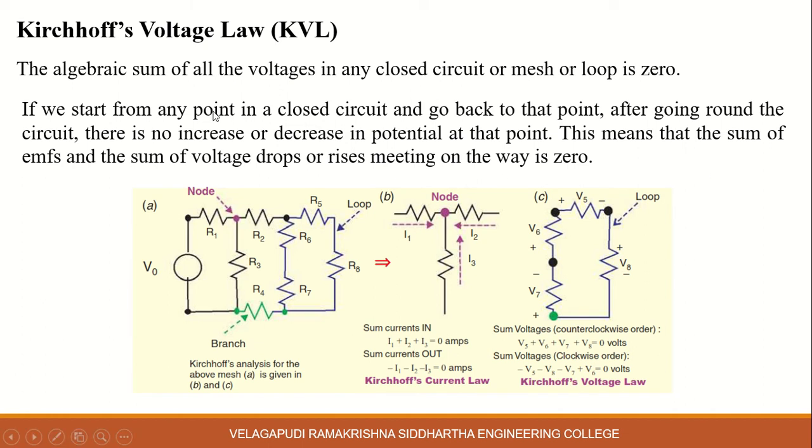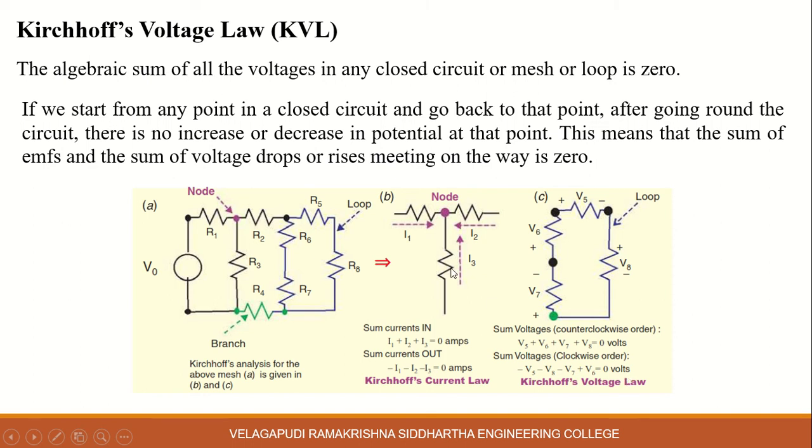Starting from one point in a closed circuit. If you observe figure A, the node is represented, and the loop and branch are also represented. Extract the node part of the circuit from figure A, that is figure B, and extract the loop from figure A, denoted in figure C. Figure B represents Kirchhoff current law and figure C represents Kirchhoff voltage law.